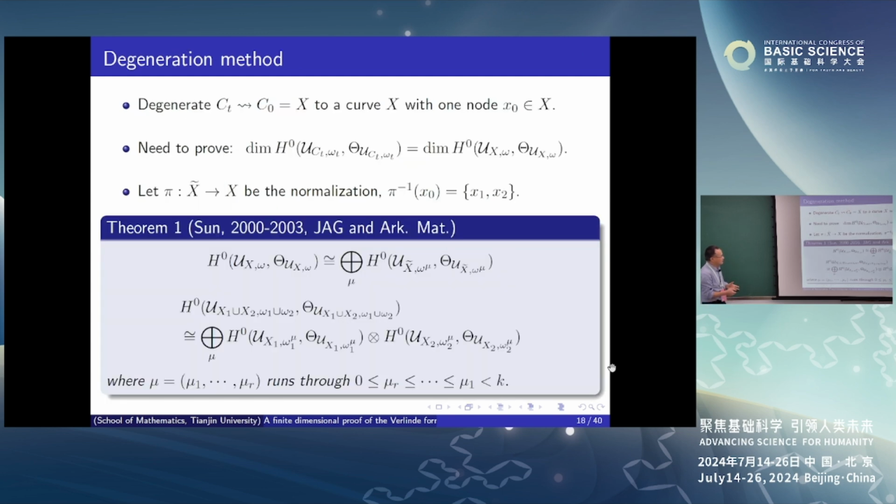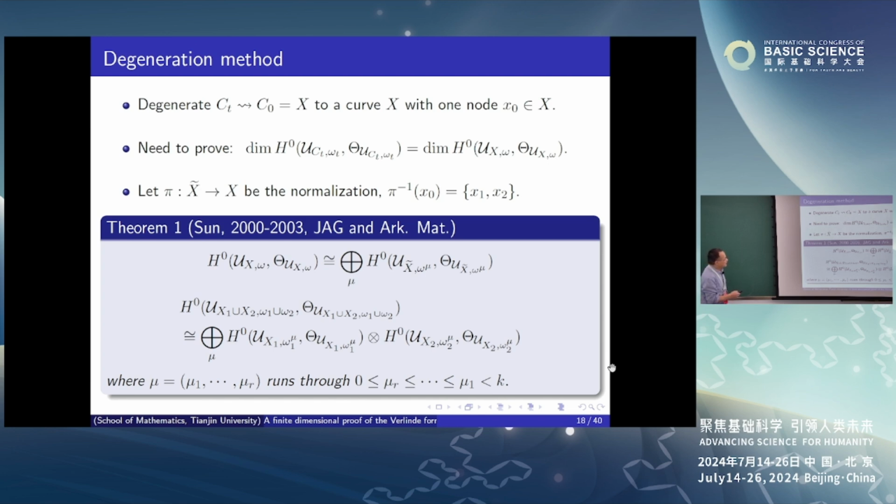I will explain what we work on. We of course get the ideas from physics. So we take the degeneration of a family of smooth curves to a single curve, a curve with one node point. I mean, it could be irreducible or reducible.